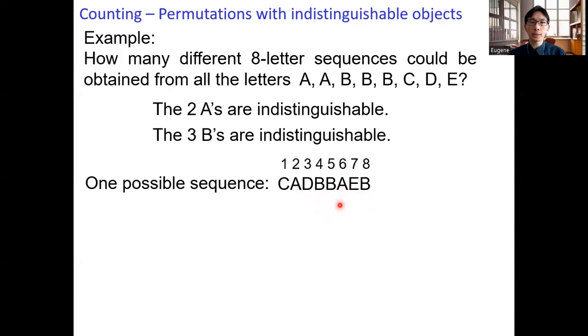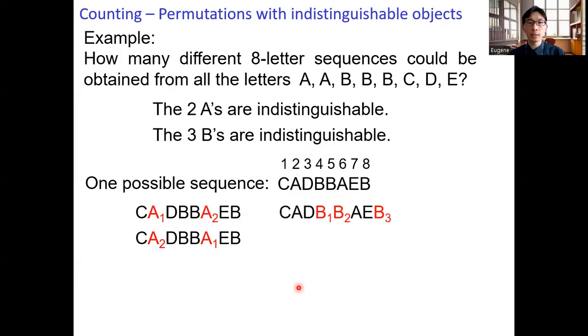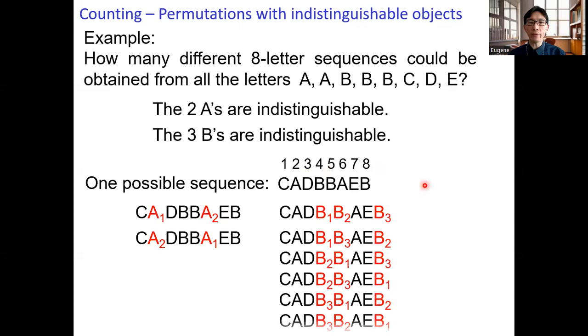Consider the 2 A's. The 2 A's are located in positions 2 and 6. And then for the B's, positions 4, 5, and 8. So altogether, if we combine all possible sequences for the 2 A's and the 3 B's, this sequence CAD, BB, AEB is repeated 12 times.